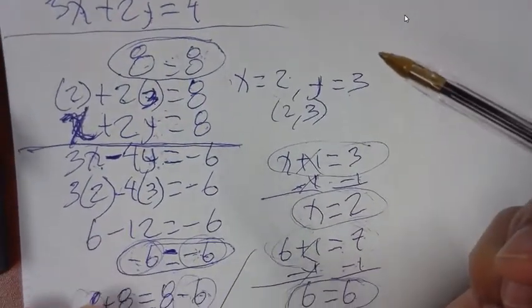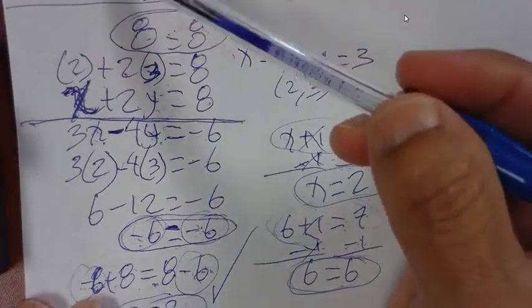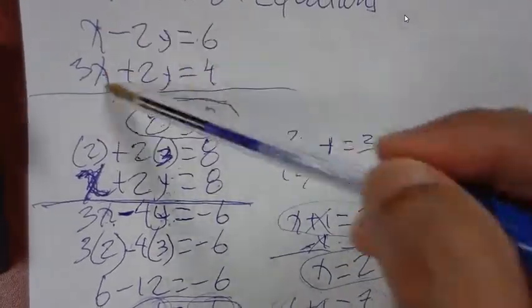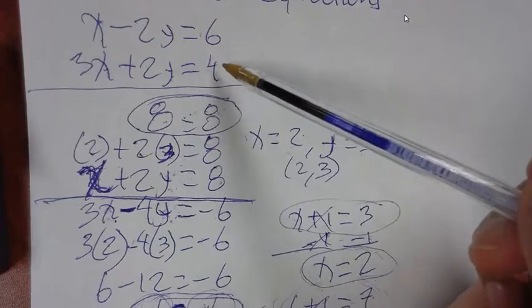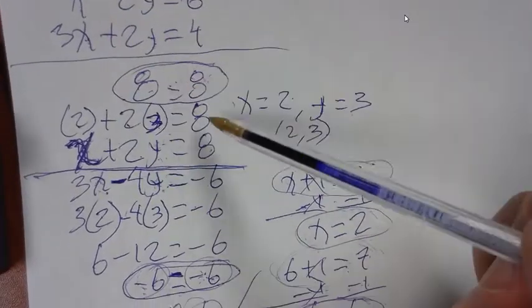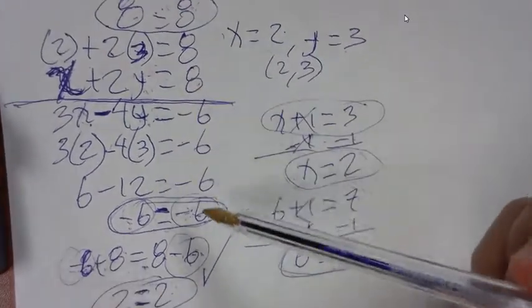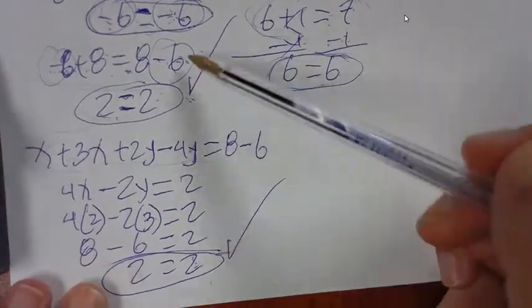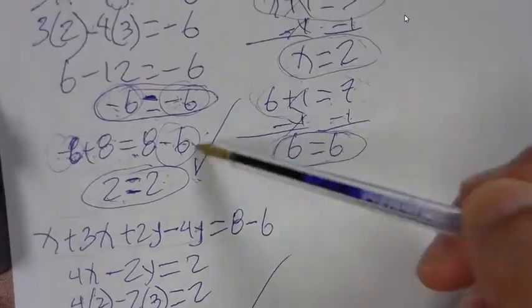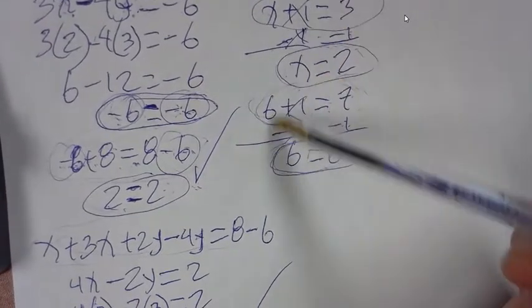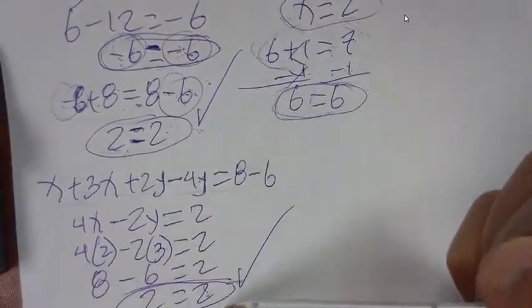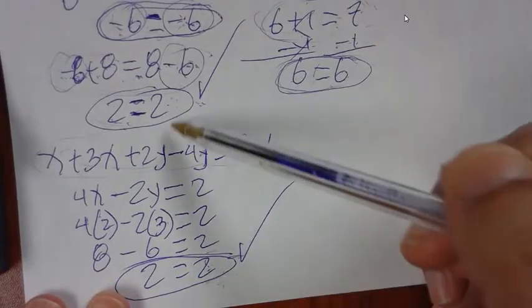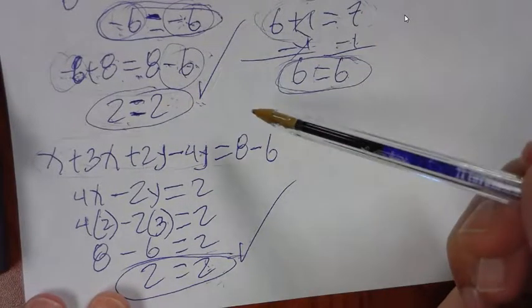What else? We learned that we could mix up these two equations together, and mathematically it still would be okay. I proved it three different ways, but it does work. Mixing them up does work.